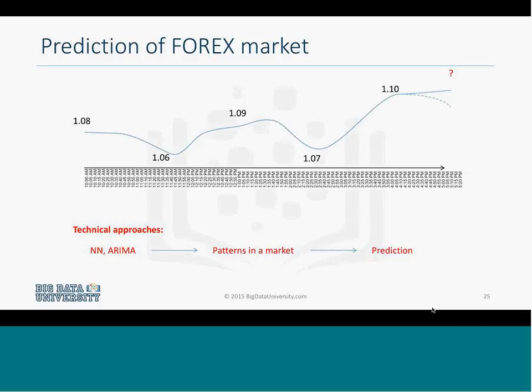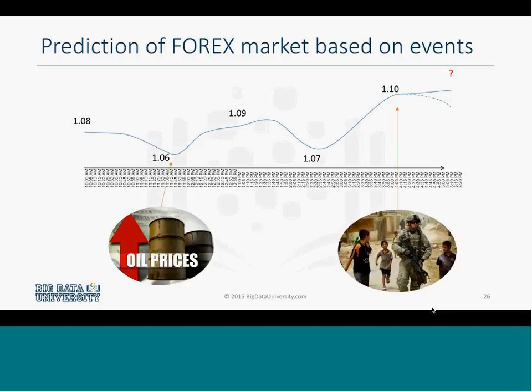And what is that? I thought, okay, how will this time series data change over time, right? And I found that usually some events in the world will happen on a stock market or Forex market. For example, the oil price goes up, so it will affect the market.